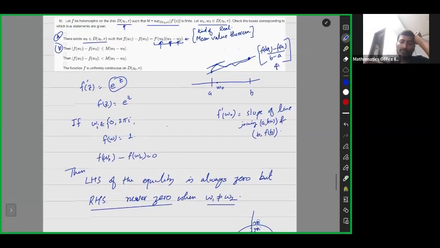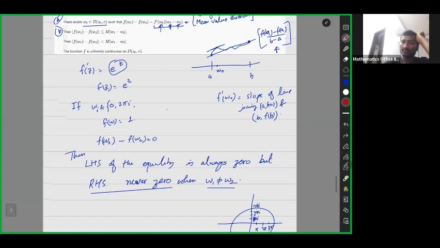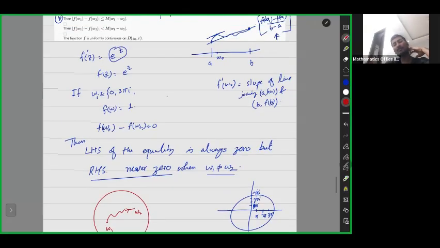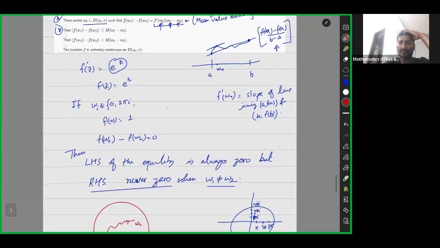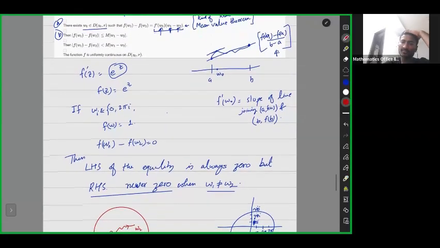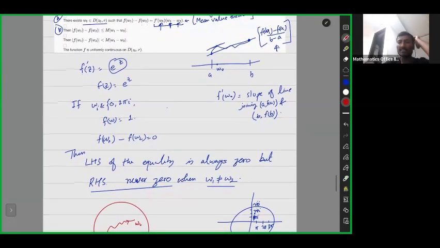w1 and w2 both belong to the disk, and we get some curve from one point to the other, some rectifiable continuous holomorphic curve we take, and if f is holomorphic, can we say what is its antiderivative?